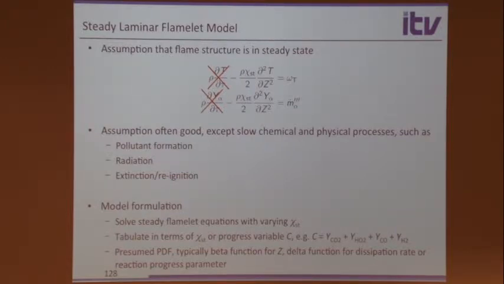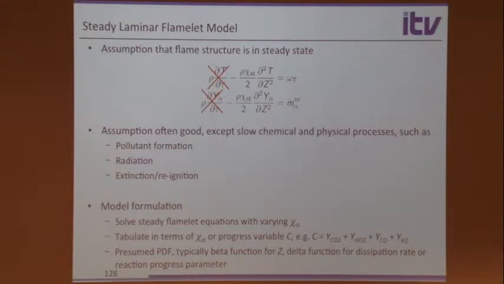Now, you have to be careful exactly how to do this, and we don't have the time to go into details, but we have a few papers on exactly how this has to be done. There are some things one needs to be careful about. Radiation, we said this before, is another physical process that's relatively slow compared to the timescales we are typically interested in. And extinction and reignition is another one where the assumption that these terms are zero wouldn't work.